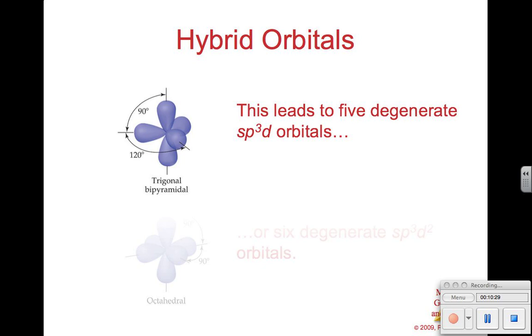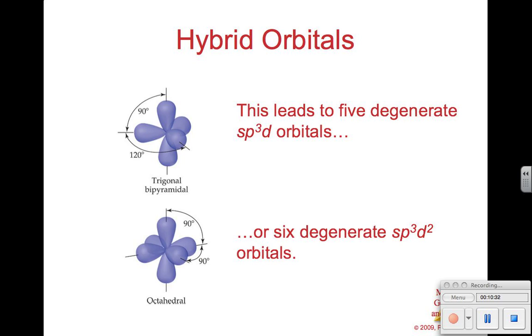So this leads to this sp3d orbital shape, and we get into the trigonal bipyramidal shape, and then go a little bit further with this concept. When you have 6 electrons, like sulfur or selenium, in their outer shell, you can promote 2 electrons into the d subshell and get the sp3d2 orbitals, able to get to that octahedral shape.